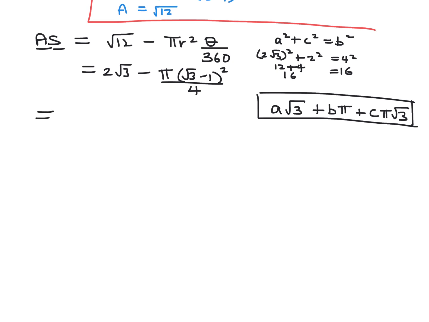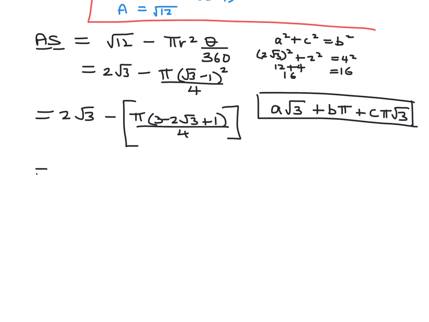All right, so let's expand this. So 2 root 3 minus, let me just put this in brackets for now, pi times 3 minus 2 root 3 plus 1 all over 4. So that's going to be 2 root 3 minus pi times 4 minus 2 root 3 all over 4.